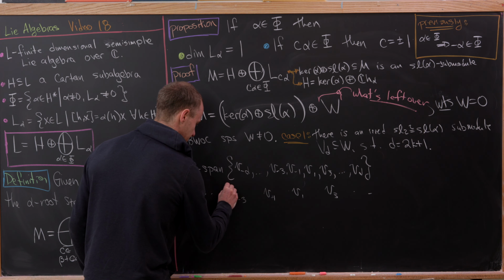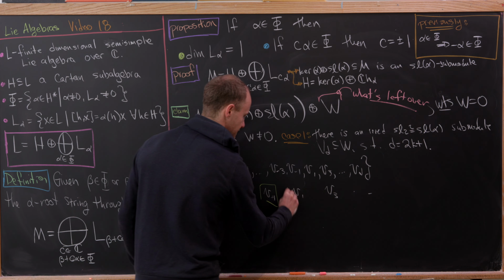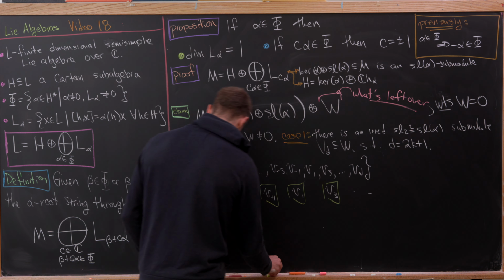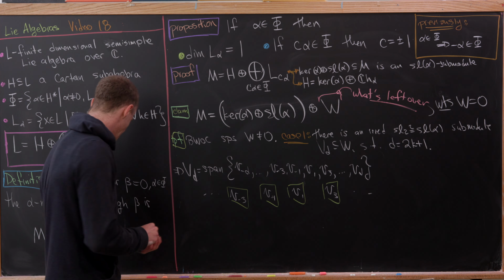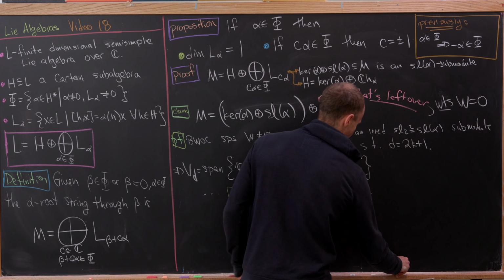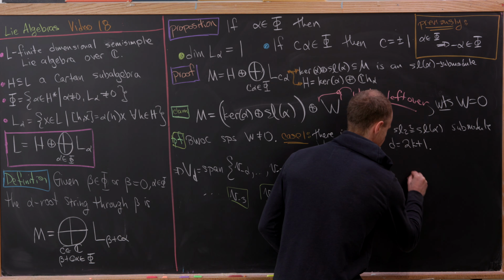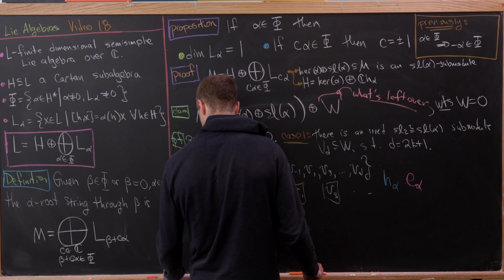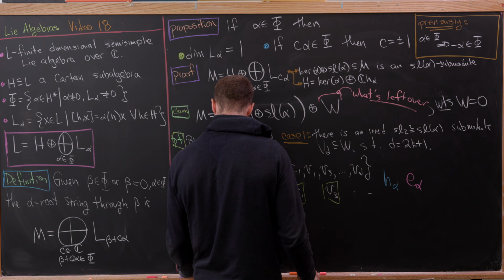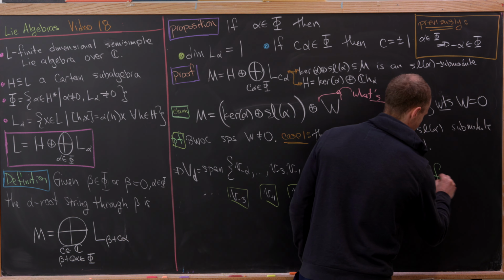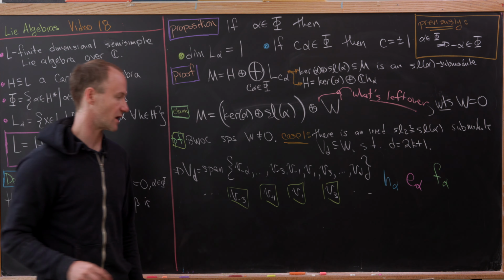Let's put some boxes around these so we can see what's going on, and color code the action. Let's say that the action of H alpha is in blue, the action of E alpha is in this magenta color, and finally the action of F alpha is in this green color.